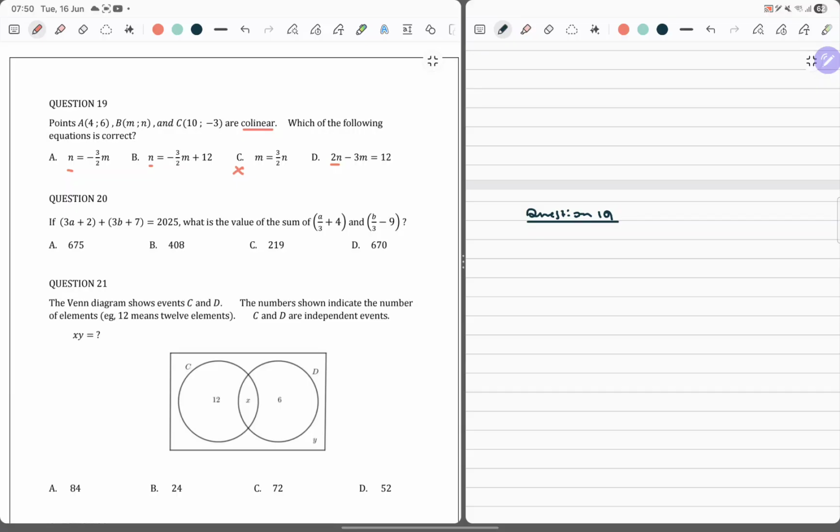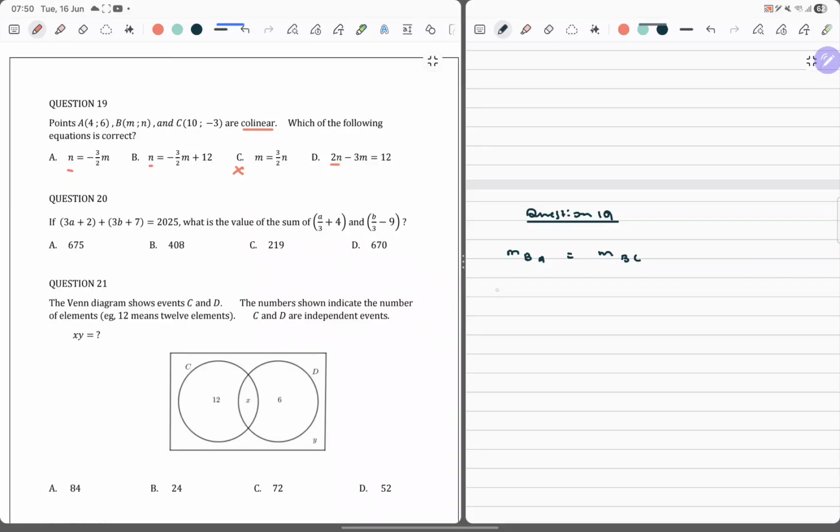So let's see, with collinear points, we know that the gradient between them is the same. So we know that our M_BA is equal to M_BC, for example, if we choose to do so.